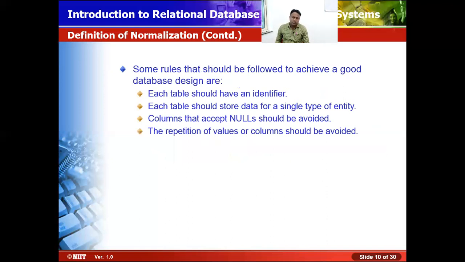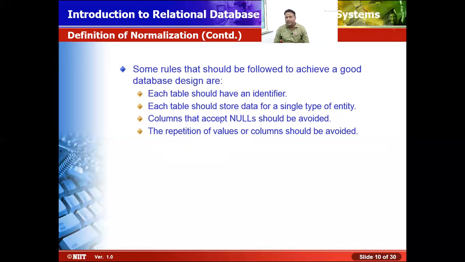Some rules that should be followed to achieve a good database design are: each table should have an identifier. When you are creating a table, there must be one identifier. You can define one column as a primary key. In a student table, student ID is called the primary key. Each table should store the data for a single type of entity.